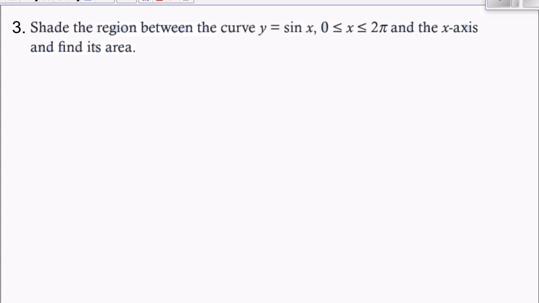Shade the region between y equals sine x and the x-axis and find its area. So step 1, sketch the function.